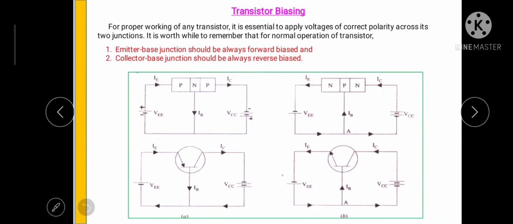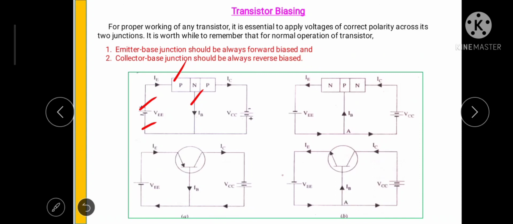So the left side junction should be forward biased, as the emitter is P type and the base is N type. So the emitter should be connected to the positive of the external battery and the base should be connected to the negative of the external battery, so that this base to emitter junction is in forward bias.